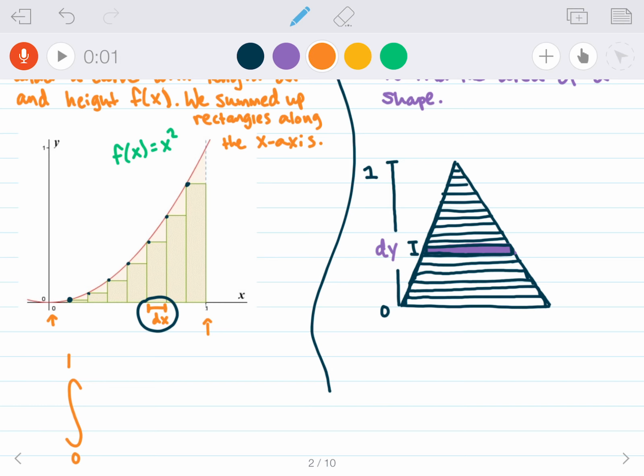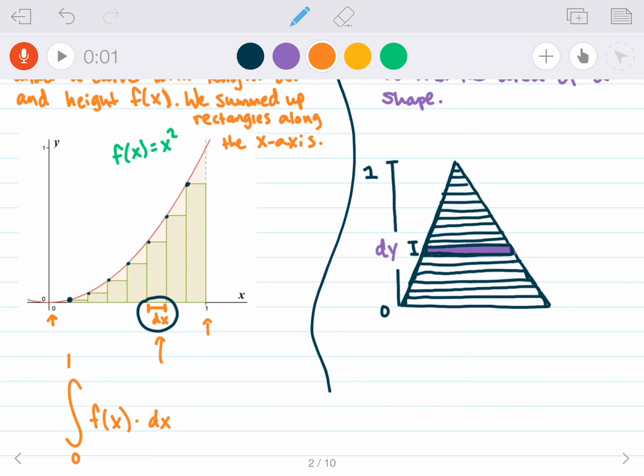To find the area of our rectangle, you multiply length times width. The width of each rectangle is dx, and the length is just going to be f of x. So f of x times dx represents the sum of all of these skinny rectangles from x equals 0 to x equals 1.